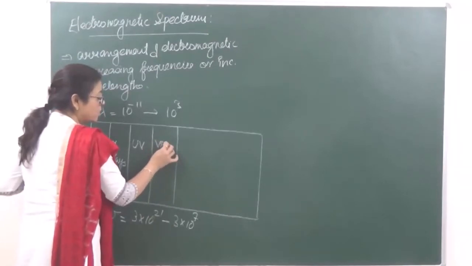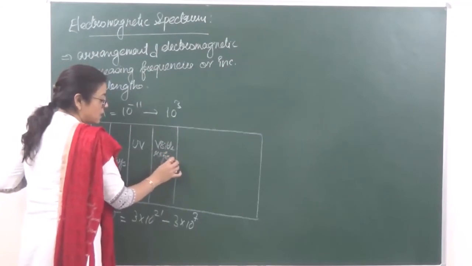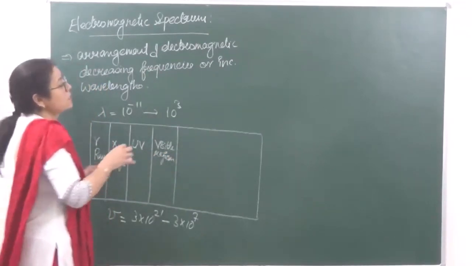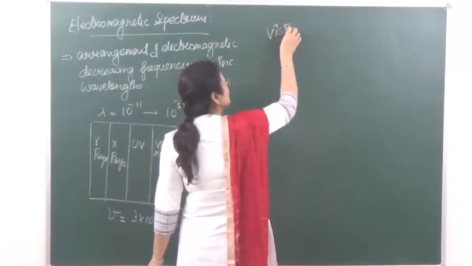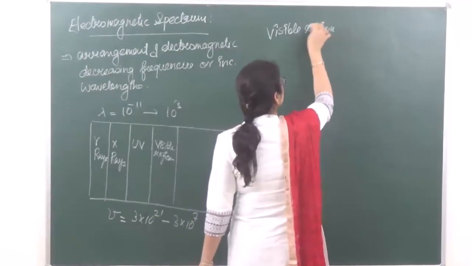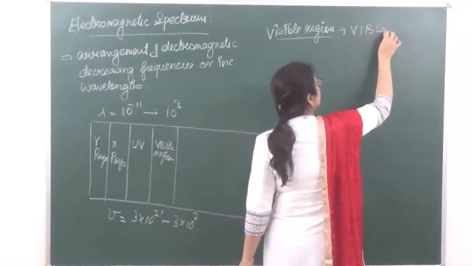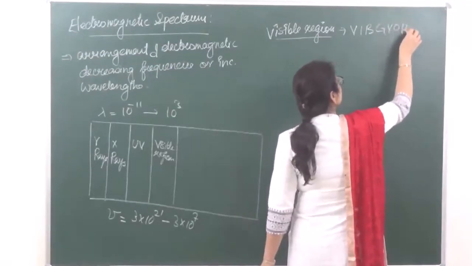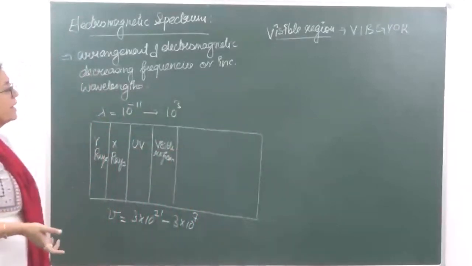This is one of the important regions because this is all what we can see. The visible region consists of different colors representing the colors of a rainbow, that is Vibgyor. Right?